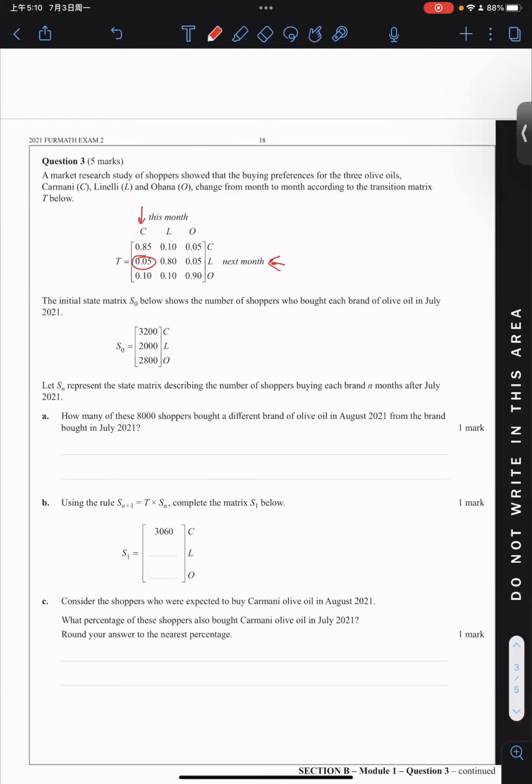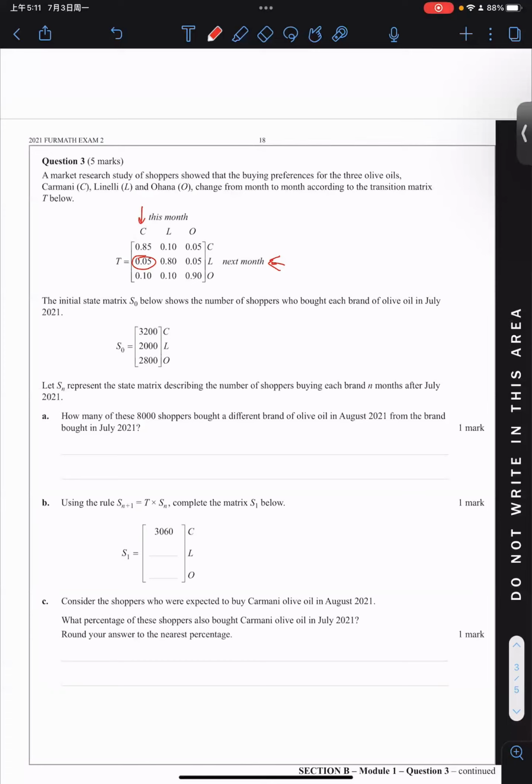And the second one brings us a column matrix. The initial state matrix S0 below shows the number of shoppers who bought each brand of olive oil in July 2021. In the beginning month, July 2021, there are 3,200 customers buying Carmine, 2,000 buying Lindley, and 2,800 buying Ohana.